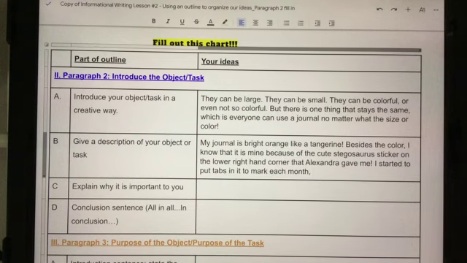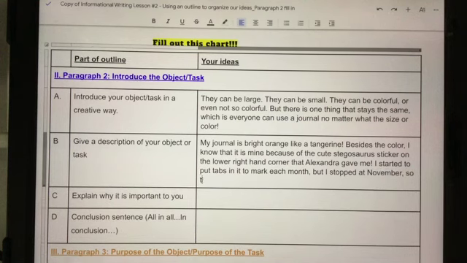Comma. Let's see. But I stopped at November, comma, so there are only 5 small pink tabs sticking out of the pages.